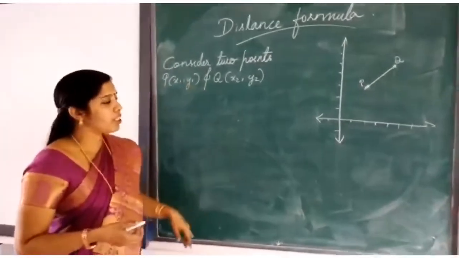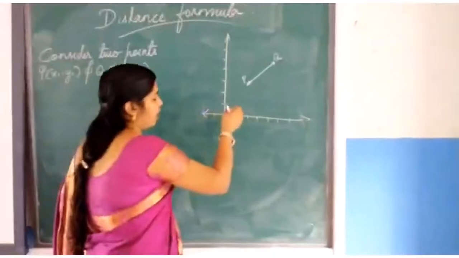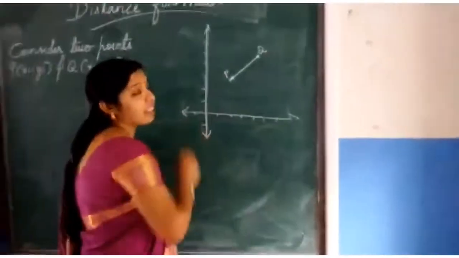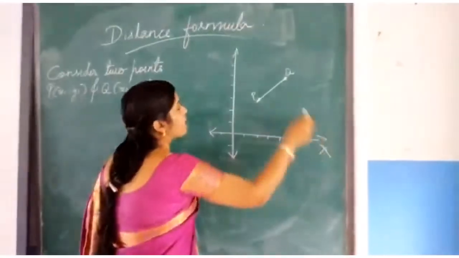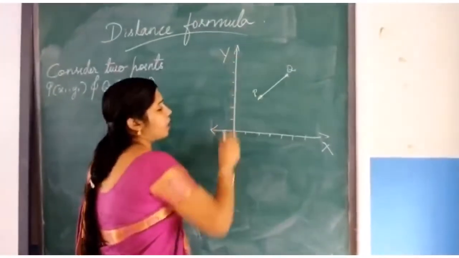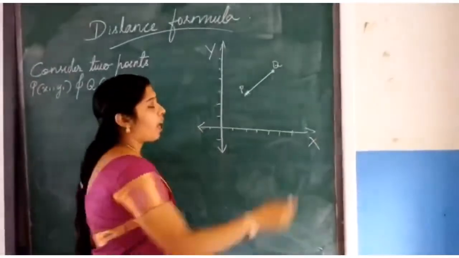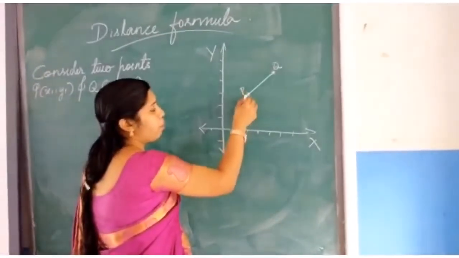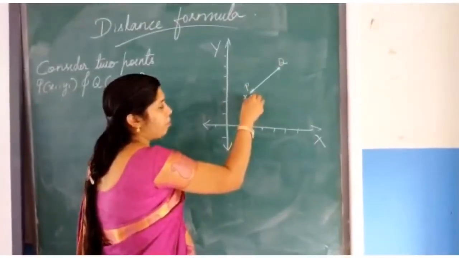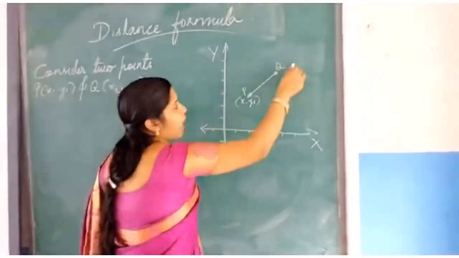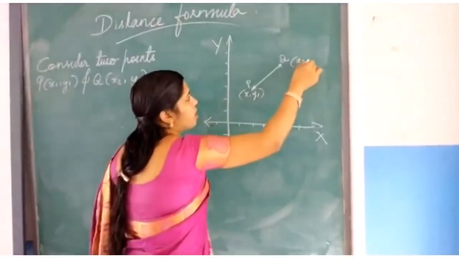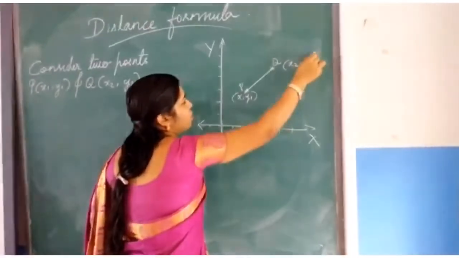Let us mark those points in this XY plane. This is X and here it is Y, making an XY plane, and this is the point P, its ordered pair is (x1, y1), and for Q it is (x2, y2).